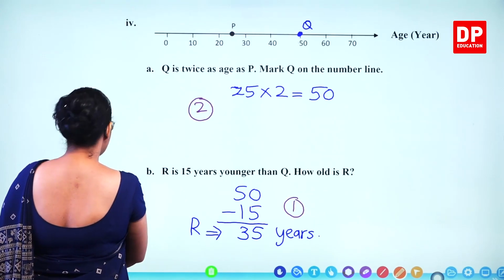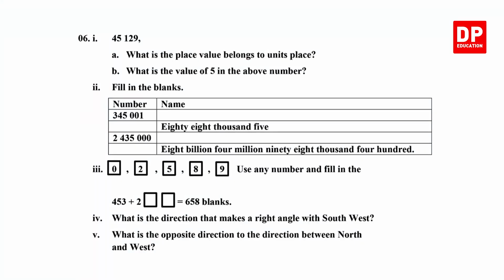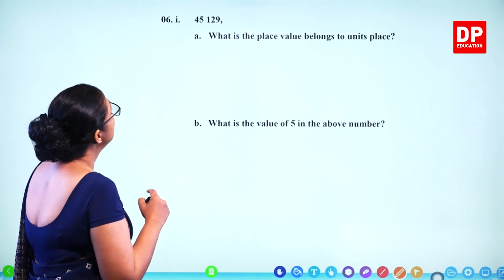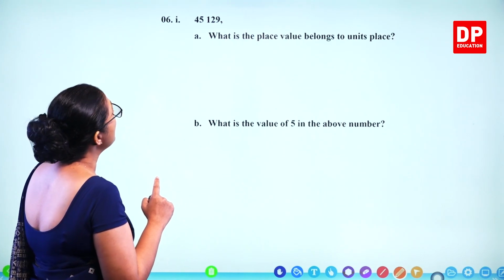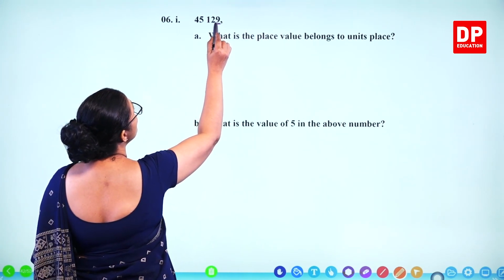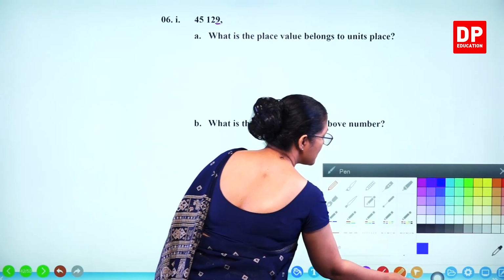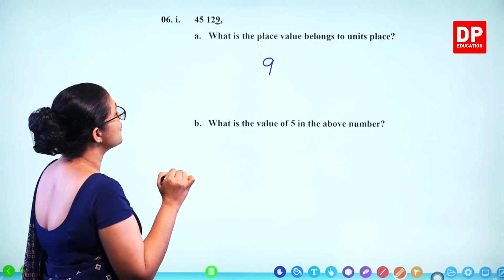Let's take the last question in this paper. Question number 6. You get 5 parts. What is the place value belonging to the units place? So the units place is here, 9. So what's the place value? Units place means here 9 is the place value.